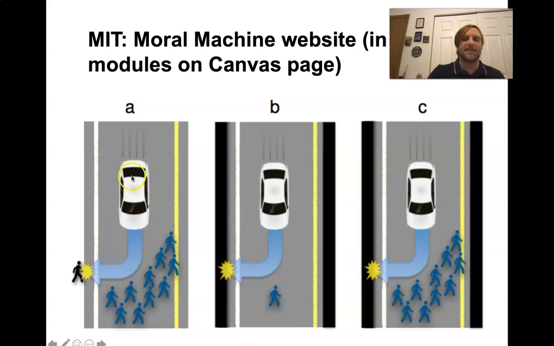So you've got this self-driving car, say that you're in, and all these people are here. You could turn, but you would kill this one person and save all these people. In this one, you would hit the wall, but you'd save the person, though you may end up hurting yourself. And this final one, there's a group of people, you can hit the wall and so on.